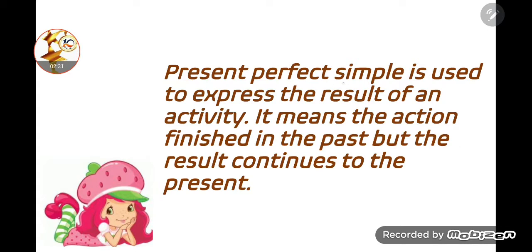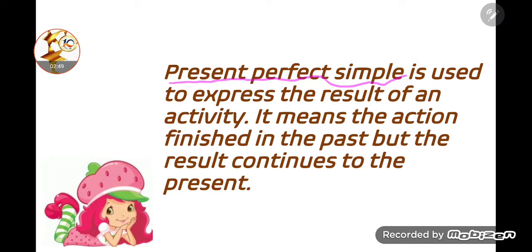We said that we use present perfect simple اللي هو المضارع التام البسيط is used to express the result of an activity. إذا أنا بستخدمه لأعبر عن نتيجة activity، نتيجة نشاط قمت فيه أنا.